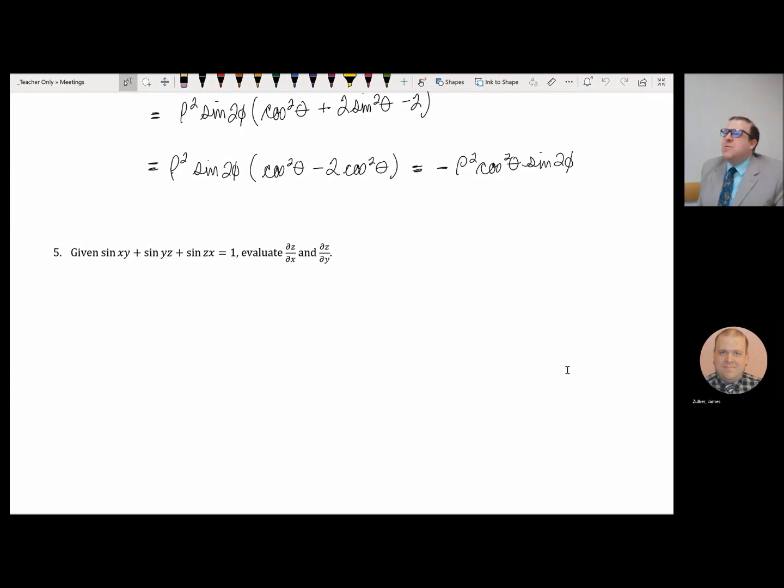For partial z, partial x, we would have just said, okay, we'll take the partial of the entire equation with respect to x, and then solve for partial z, partial x algebraically. And then the same thing for partial z, partial y. But we have chain rules.